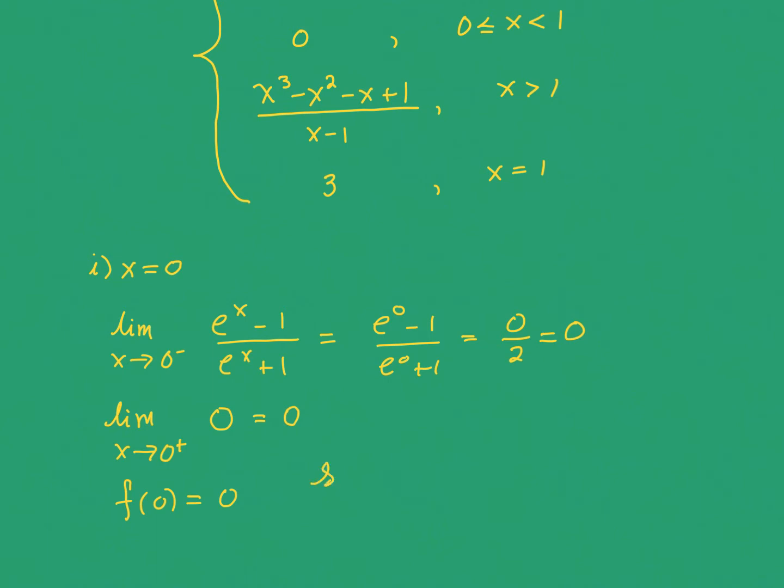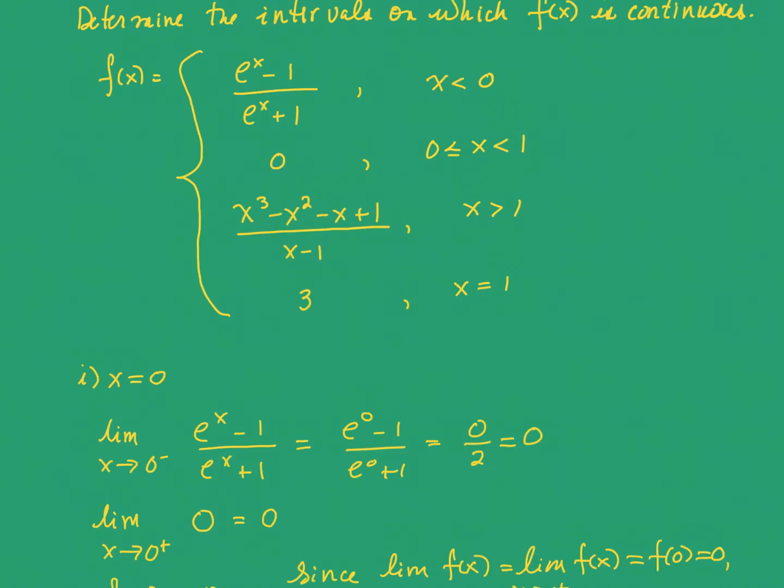And since the limit as x tends to 0 from the left of f of x is equal to the limit as x tends to 0 from the right of f of x, and that equals f of 0 because they all equal 0, this function is continuous at x equals 0. So we determined that the function is continuous at x equals 0.